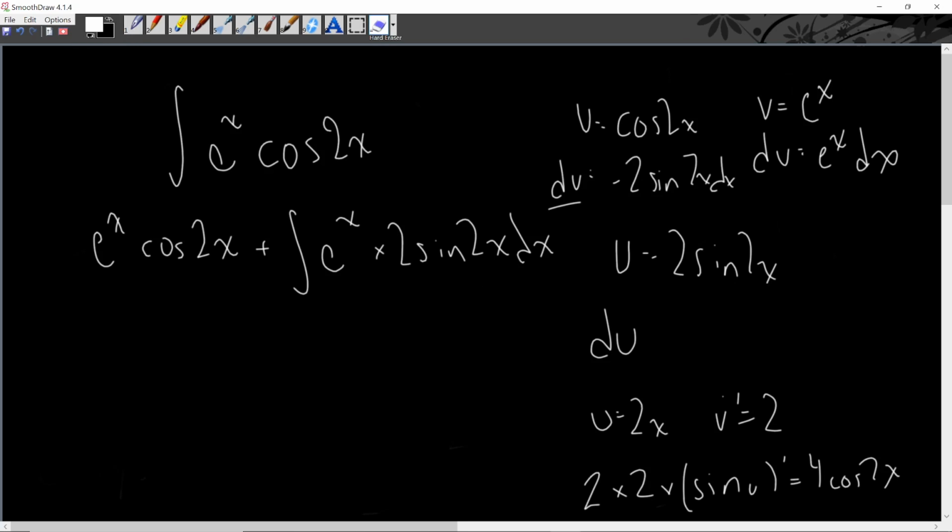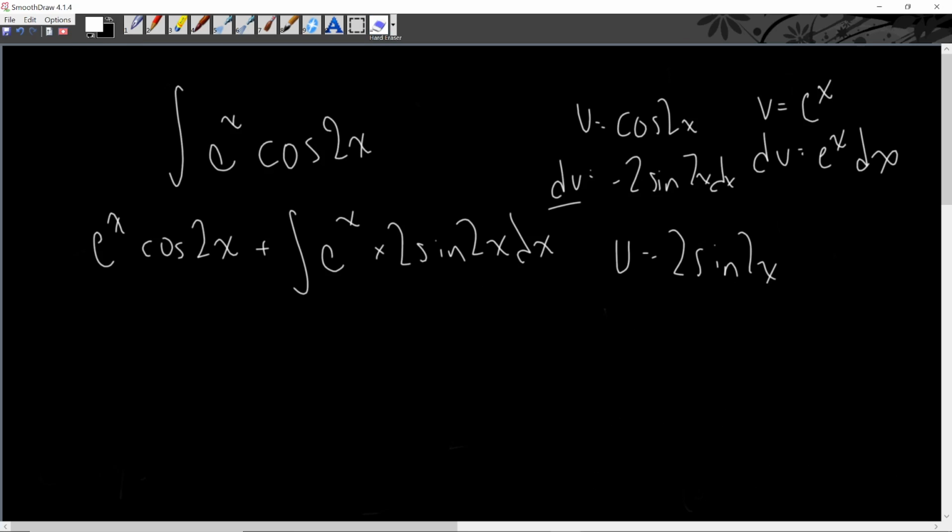Alright, fantastic. So let's write that down. We have du dx is going to be 4 cosine 2x, so du is going to be just 4 cosine 2x dx.